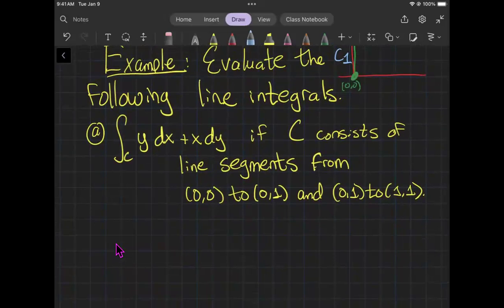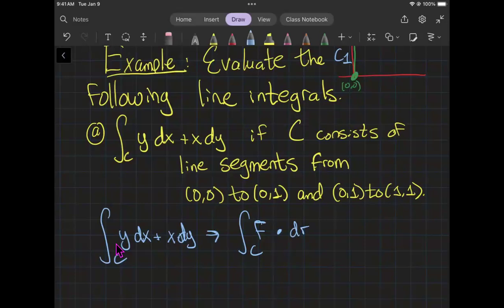I don't know if you noticed this, but this line integral, x times dy, you can rewrite this as some vector field F dot dr. Okay, so this is similar to what's called a work integral of a vector field, right?